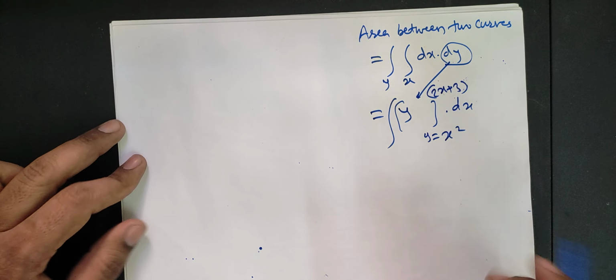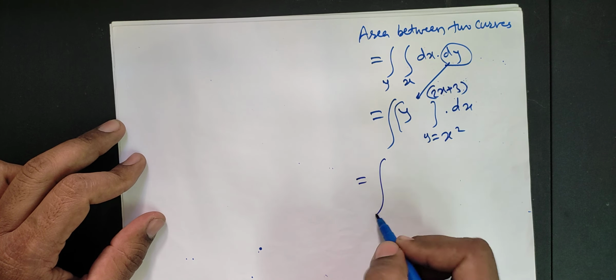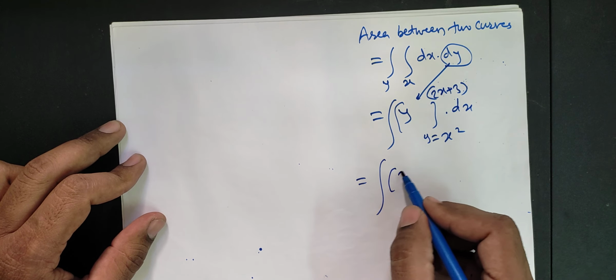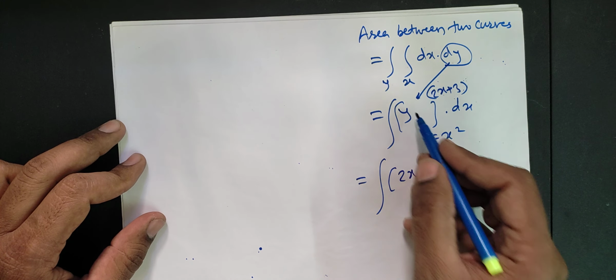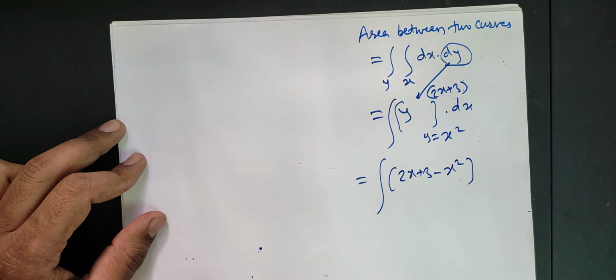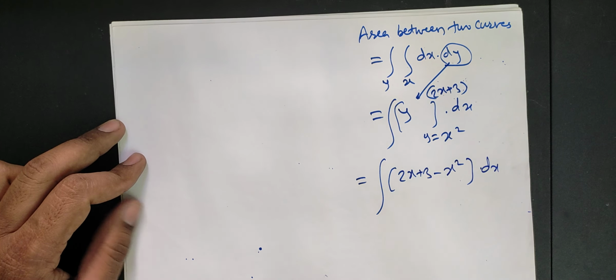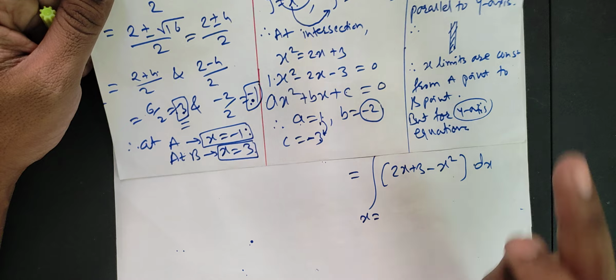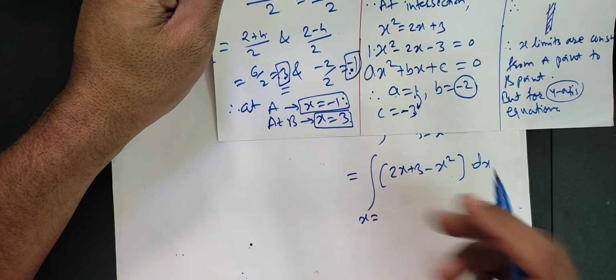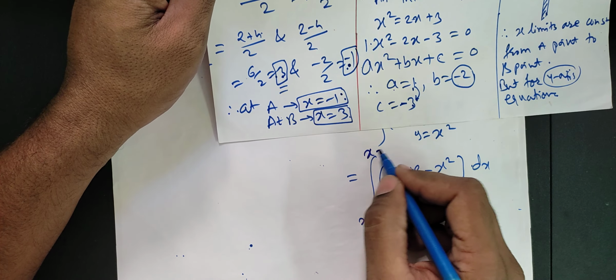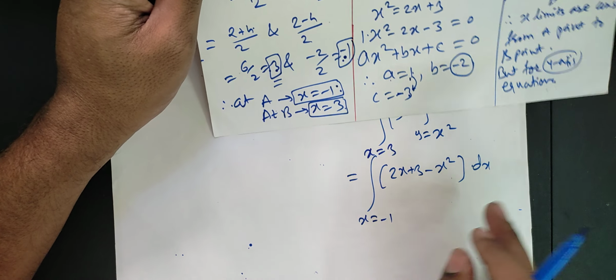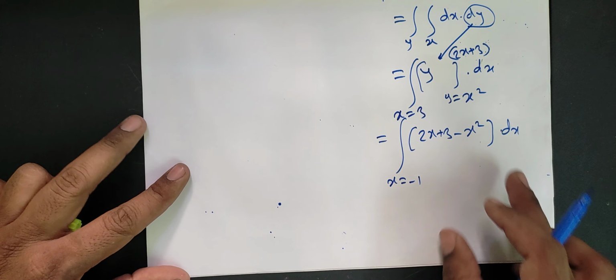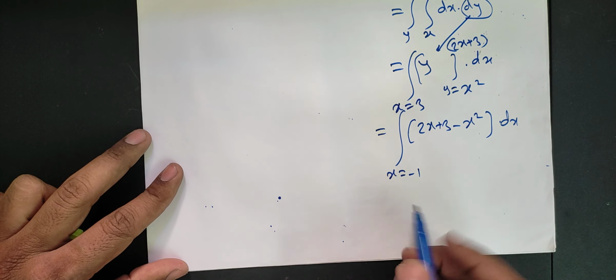Now we substitute: upper limit 2x plus 3 minus lower limit x square, dx. The x limits we already calculated, from A to B, that is minus 1 to 3. So x equals minus 1 to x equals 3. We will calculate the integration with respect to dx of this value.